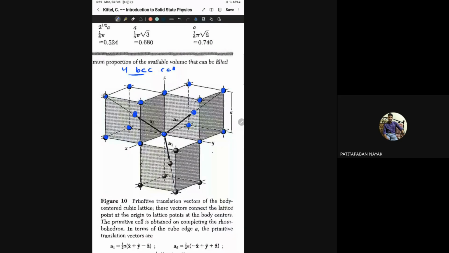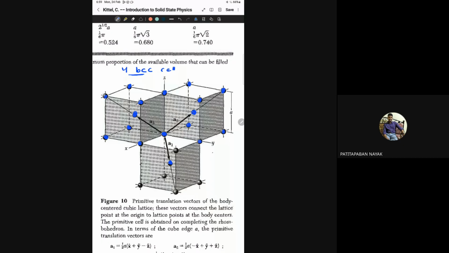Now, if I take this first corner atom and connect it to one body diagonal onto the left, one body diagonal onto the right, and one body diagonal onto below. What about the top one, sir? No, there will not be any on top, because this is a corner atom.